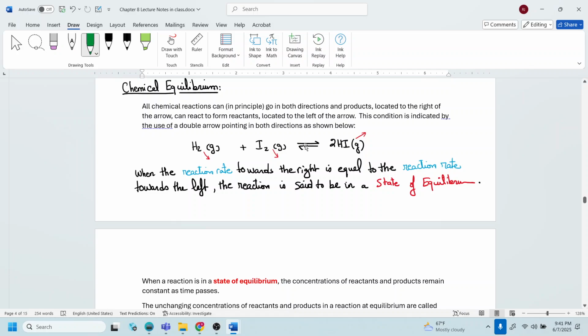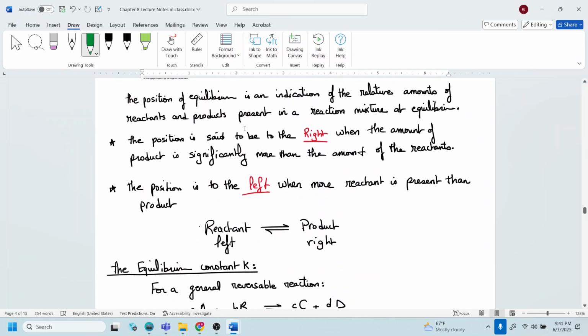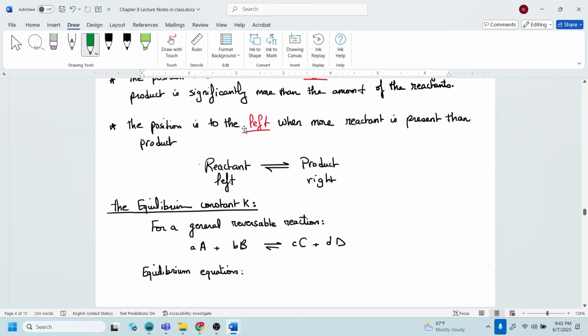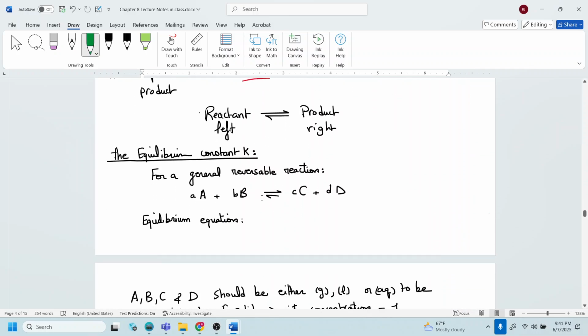And if your equilibrium goes to the left, then this means that you are forming your reactants. So this is what we mean by the direction of equilibrium. The direction of equilibrium tells me which side of the reaction is favored. Is it the product or is it the reactant? There is a way to know this, so I'll show it to you as we proceed.